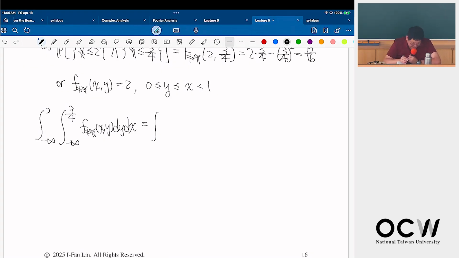Let's see, here's the x and y axes, here is 3/4, and here's 1.